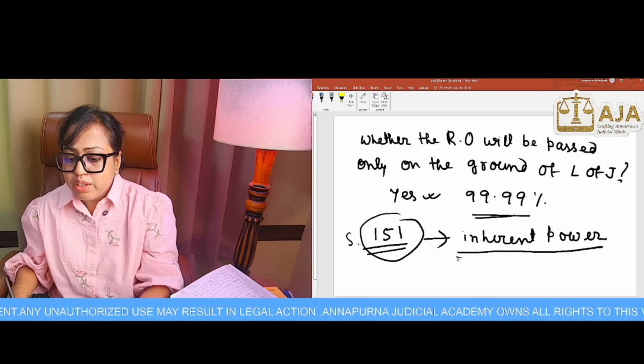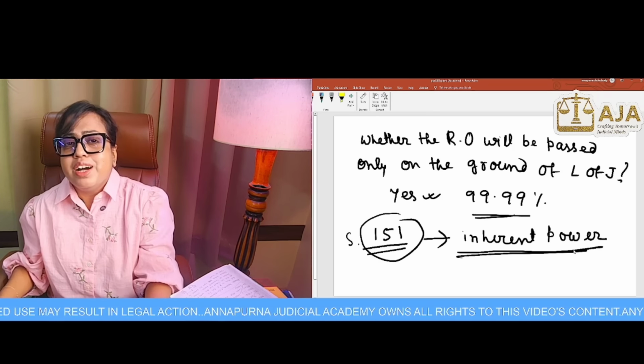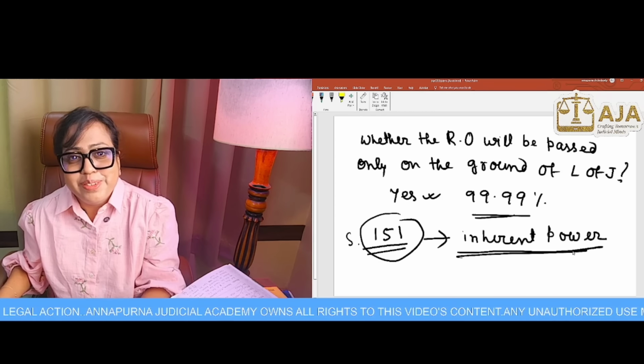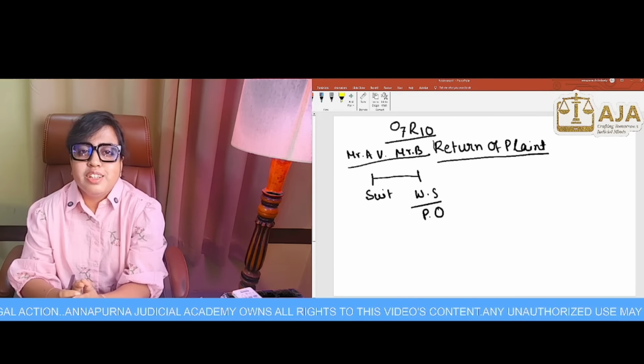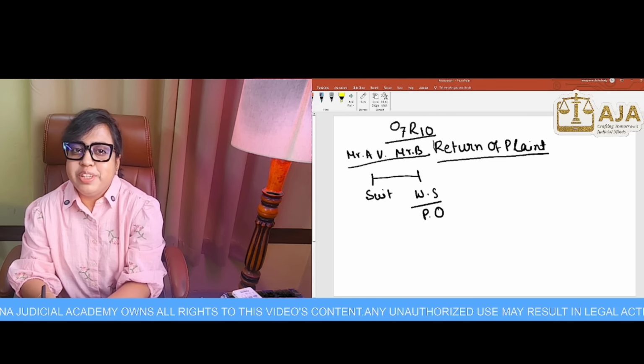So under Section 151, the court can pass a return order in any other cases also. So this is all about the preliminary objection.